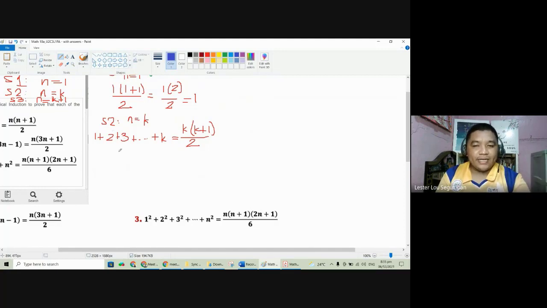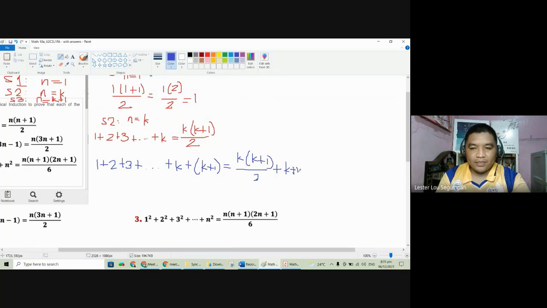For us to prove this identity, we need to show that if we are going to add an expression which is k plus 1 here, and of course it's an identity, we are also going to have the same expression to be added on the right hand side.